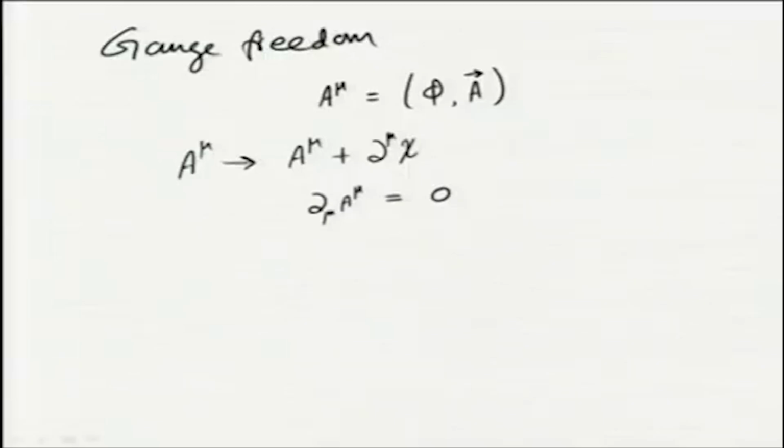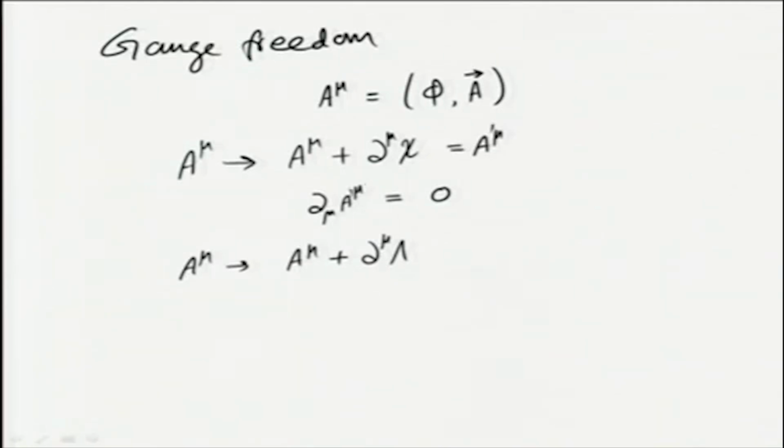Now, this is what we saw yesterday, and even after fixing this, we can still transform A mu to A mu plus dou mu lambda. Let me call the new A mu, the one that satisfies the condition, A mu prime to avoid any confusion.